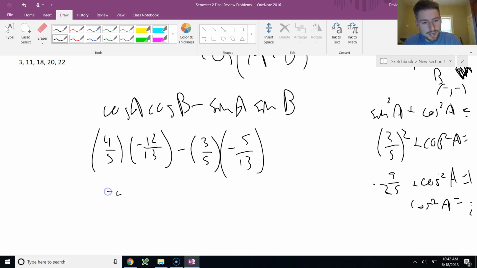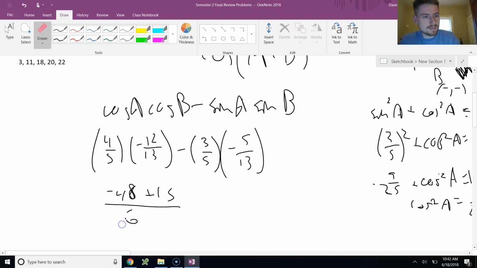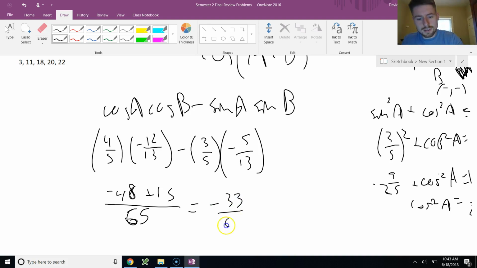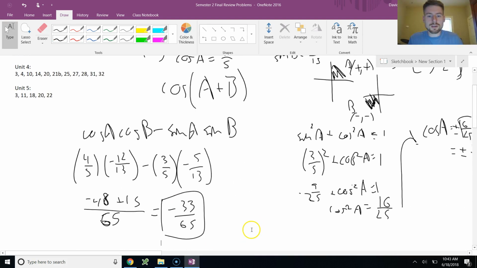So we get negative 48 plus 15 over 5 times 13, which is 65. And negative 48 plus 15 is negative 33 over 65. Super. So that would be the result.